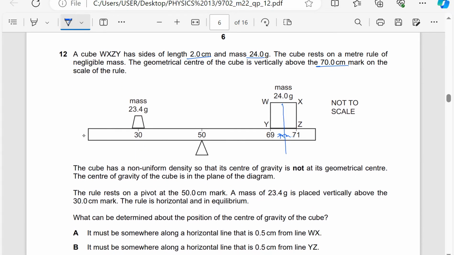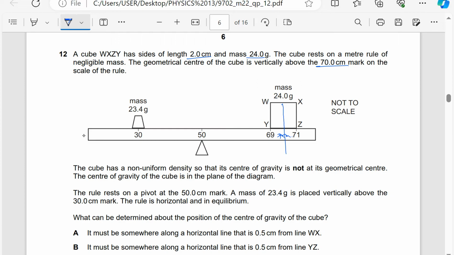The cube has a non-uniform density so that its center of gravity is not at its geometrical center. The center of gravity of the cube is in the plane of the diagram.